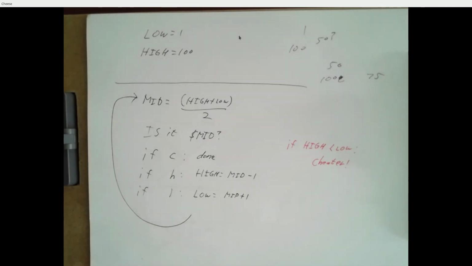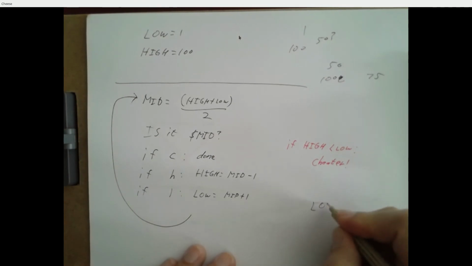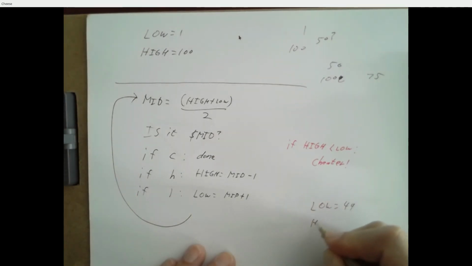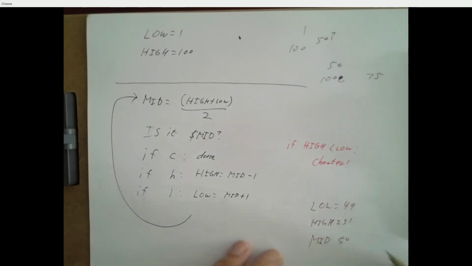For example, if low is 49 and high is 51, and you guess 50, and I say that's too low, then you're going to change low equal to 51. So now high is 51, low is 51, mid is 51.